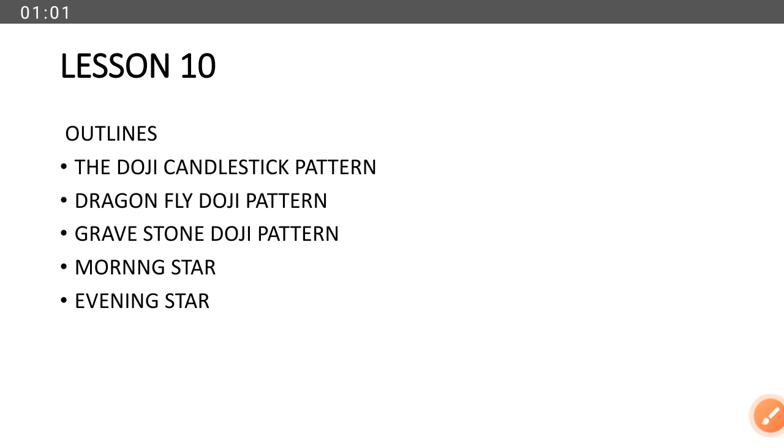Now, a few weeks ago we started the candlestick pattern. I told you the power of candlestick pattern. I said the candlestick patterns, they are the language of charting. They tell us what has happened and what is likely to happen in the market.